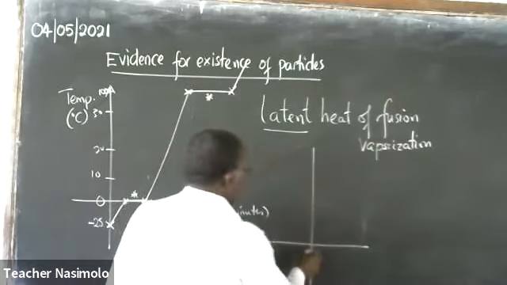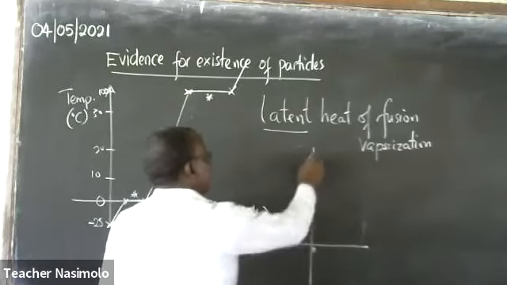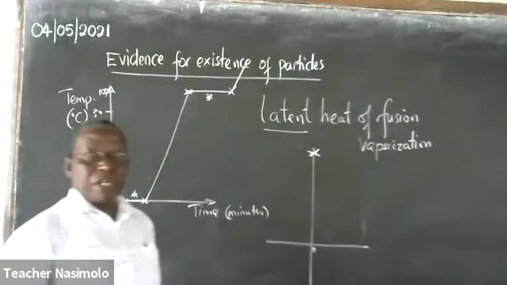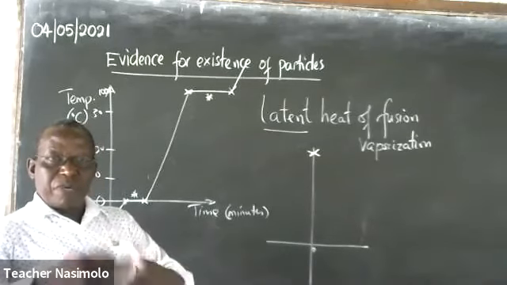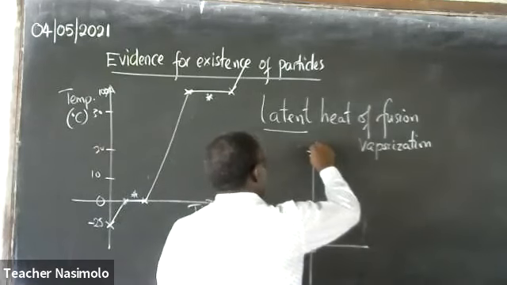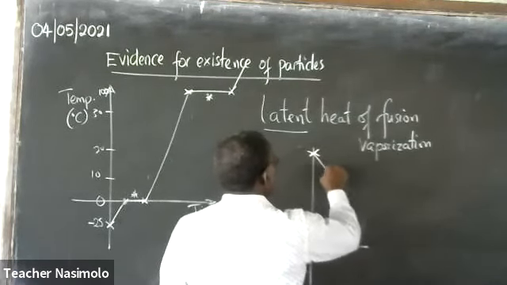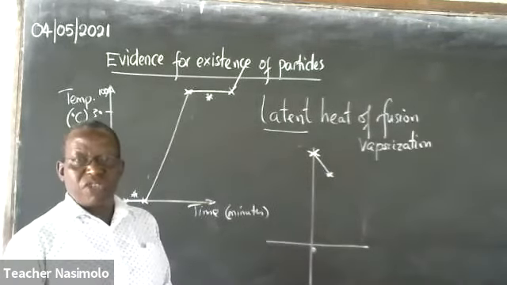So at time t is equal to 0, at that time, you begin from a very high temperature, that would be the temperature of steam. Now, when you start cooling that steam, as time goes on, the temperature will drop until such a time that that steam begins to turn into liquid.